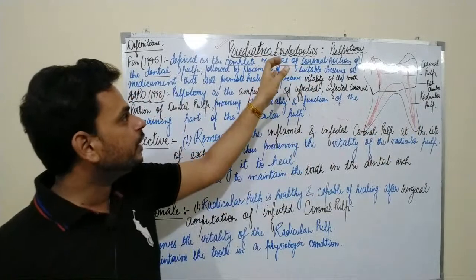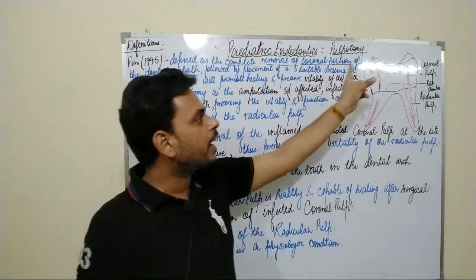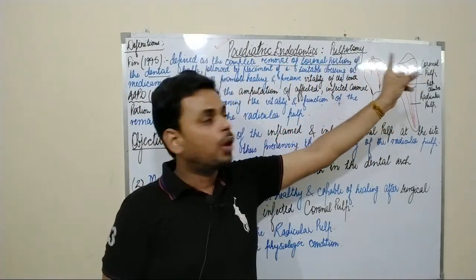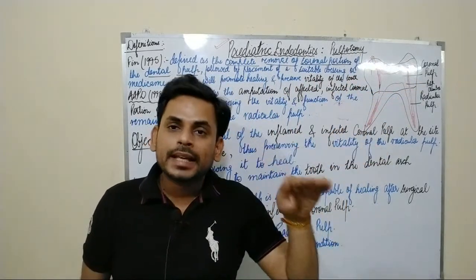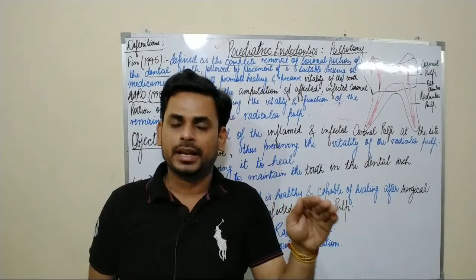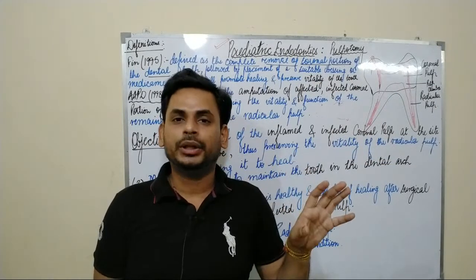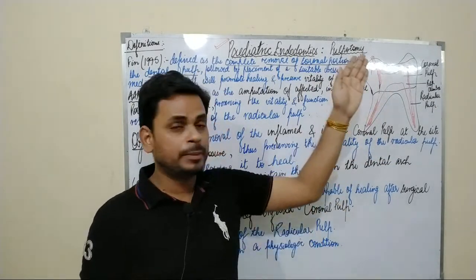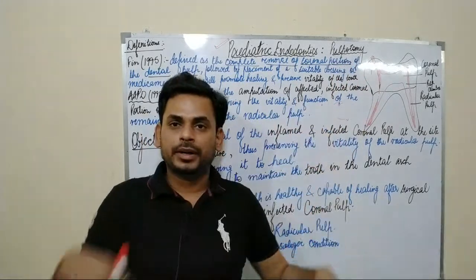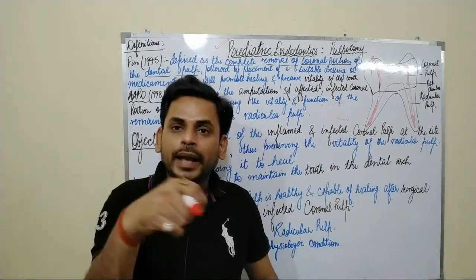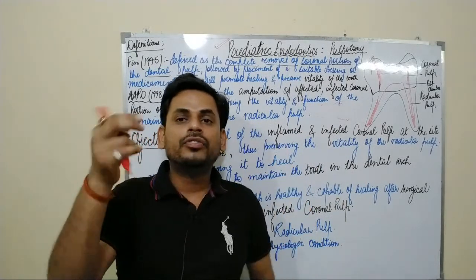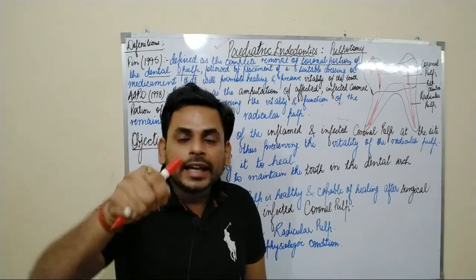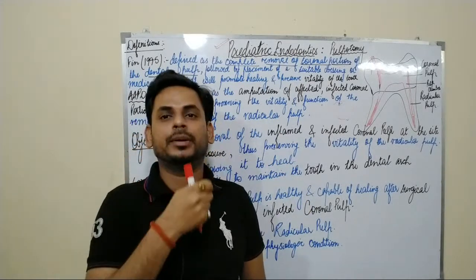So this was the definition where Finn defined it as the complete removal of the coronal portion of the pulp, followed by placement of a suitable medicament or dressing after the pulpotomy procedure. Within the pulp chamber, with a slow speed bur, we excavate the caries. Once the caries has been excavated, with the help of a spoon excavator, the entire coronal pulp is removed.